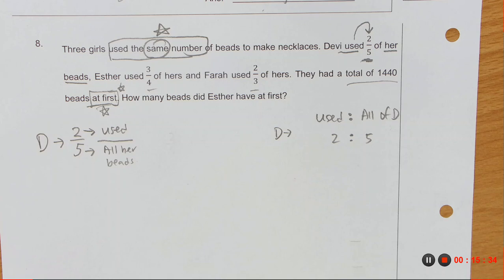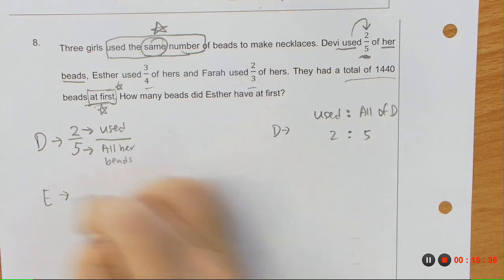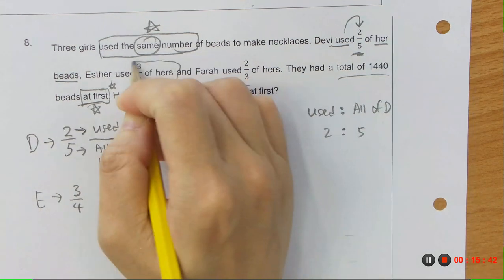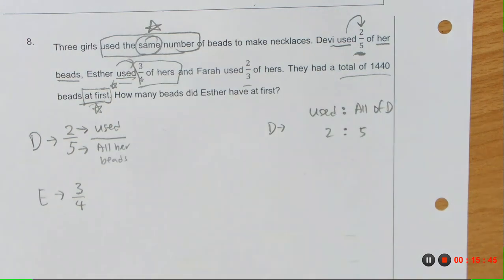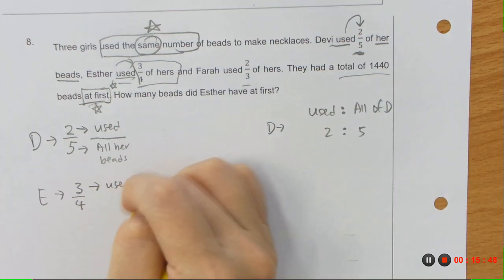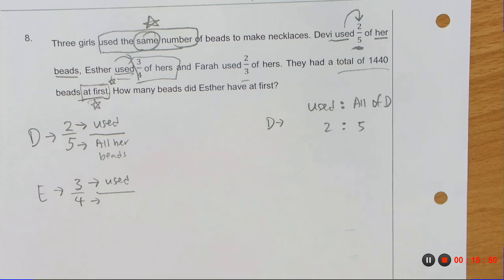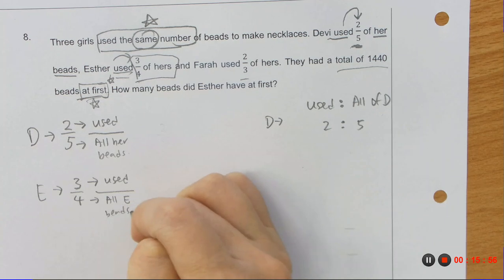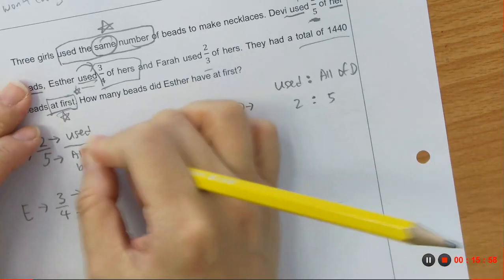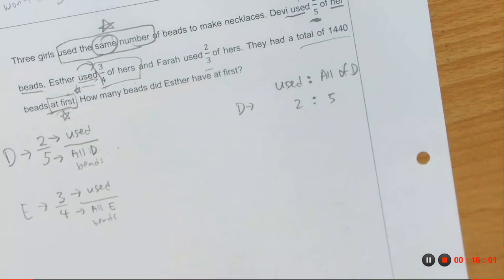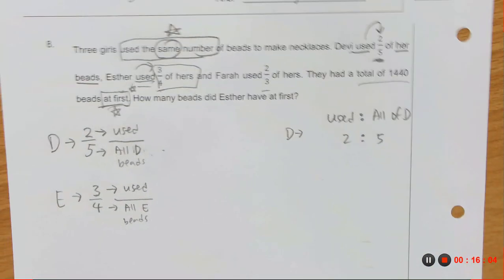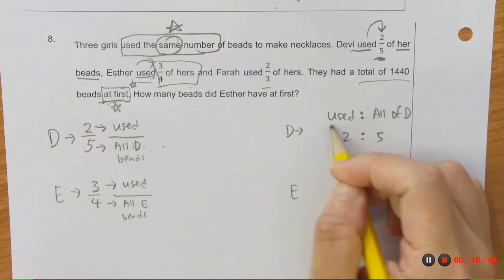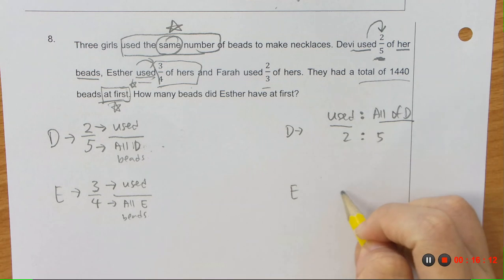Now for Esther, it's 3/4. She used 3/4 of hers. So 3 is used. The denominator is all Esther's beads. In this case, I can write it as for Esther, used versus all is 3:4.